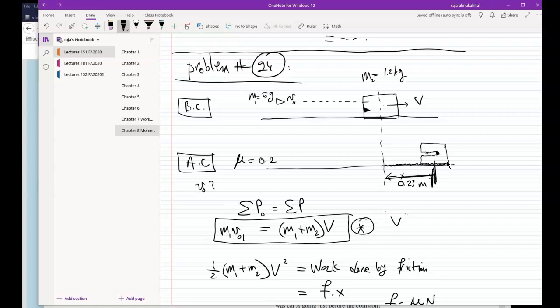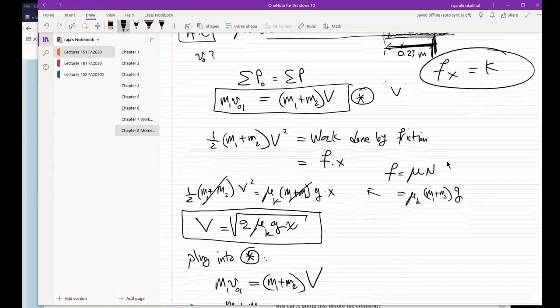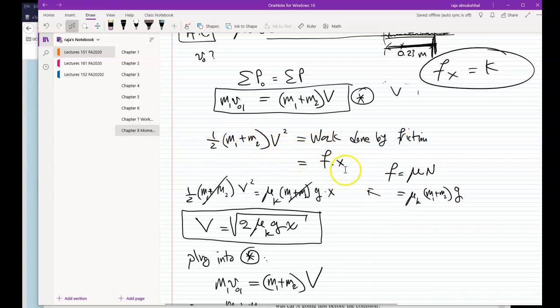It has done work, Fx, F being the friction force. You see what I'm saying? That Fx is equal to the original kinetic energy. So the kinetic energy is equal to the work done by the friction force. I think this is the hardest part. If you can see that, then you're done with the problem, and then you just work it out.